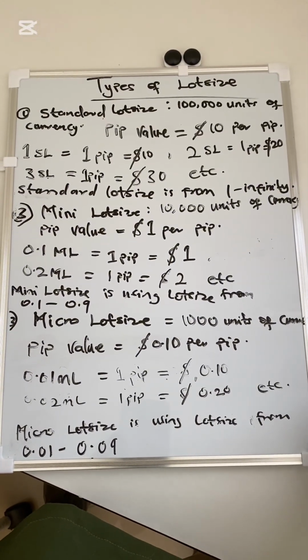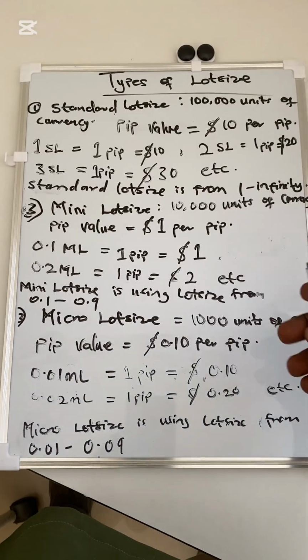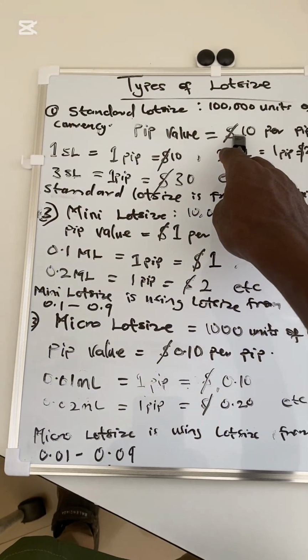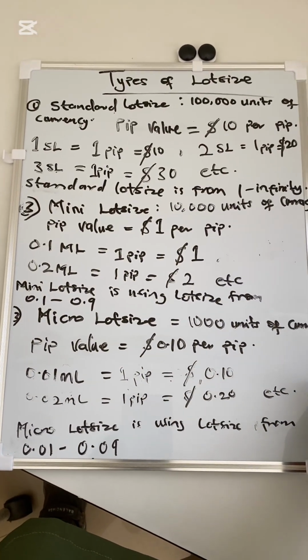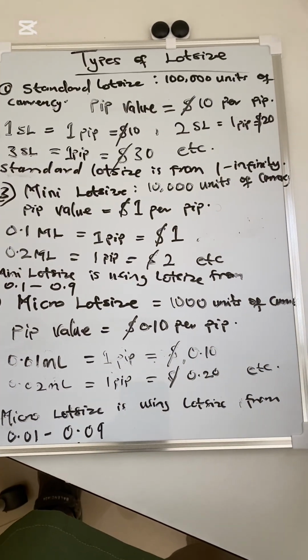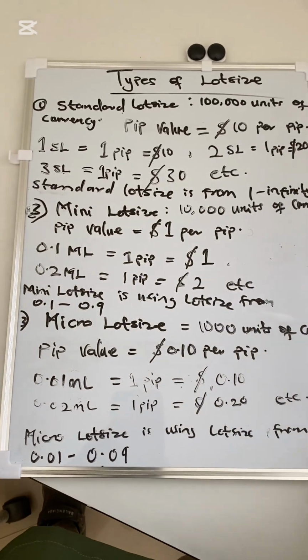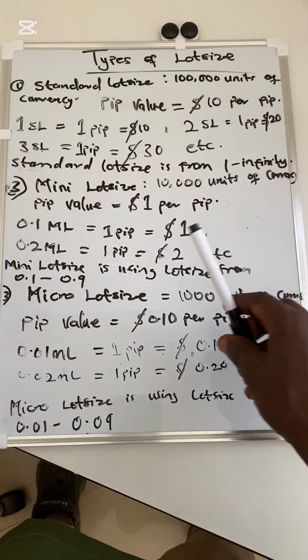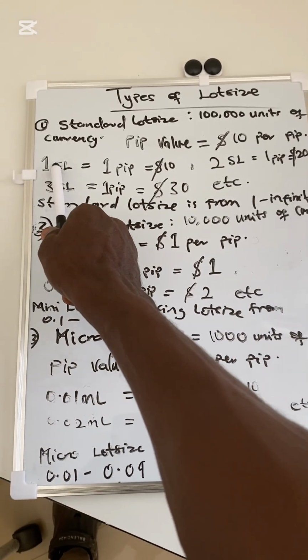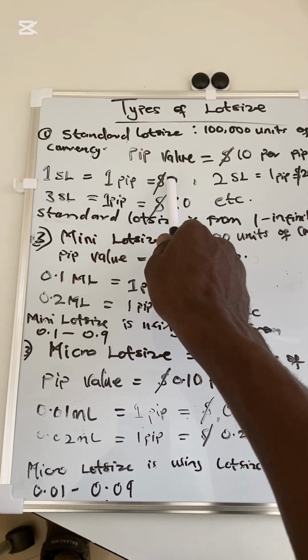In standard lot size, one pip value gives us 10 USD per pip. So when you are using a standard lot size and the market moves one pip, you make $10. For example, if you are using a lot size of one and the market moves one pip, you make $10.